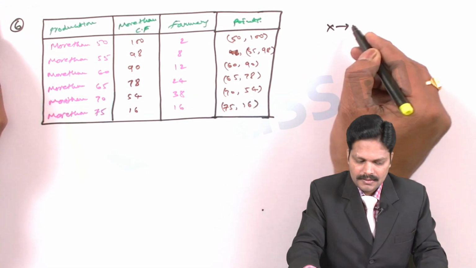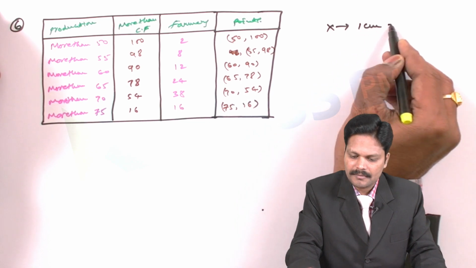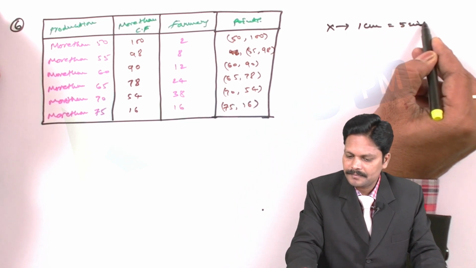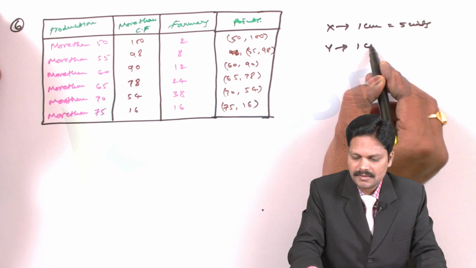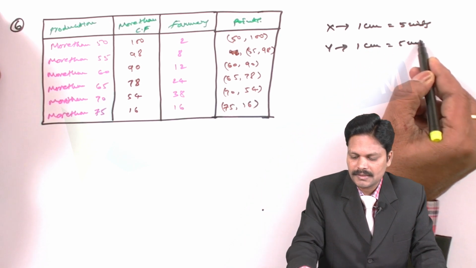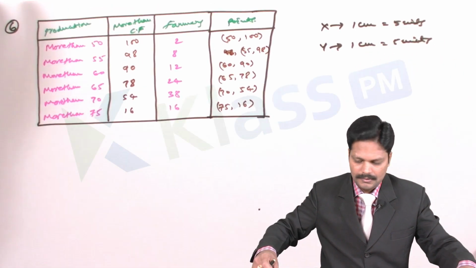After adding this, we need the scale factors. On the x-axis we take 1 centimeter equal to 5 units, and on the y-axis 1 centimeter equal to 5 units to arrange the data.